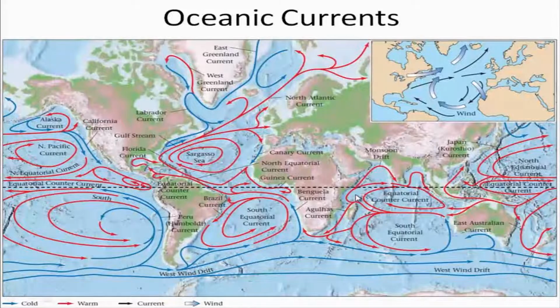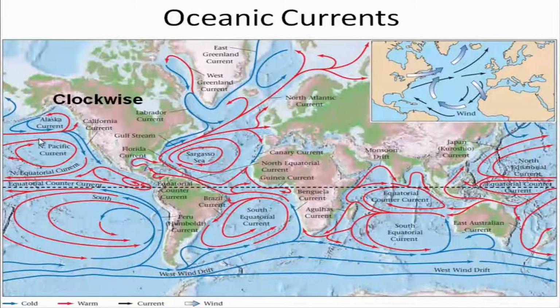The ocean currents which come from south of the equator move along the coast on the western side, and then they follow the same path and go out in this direction.